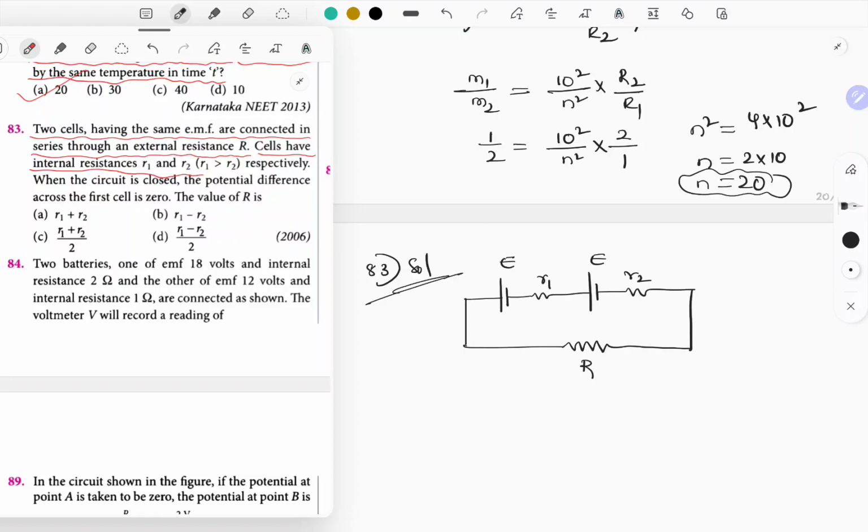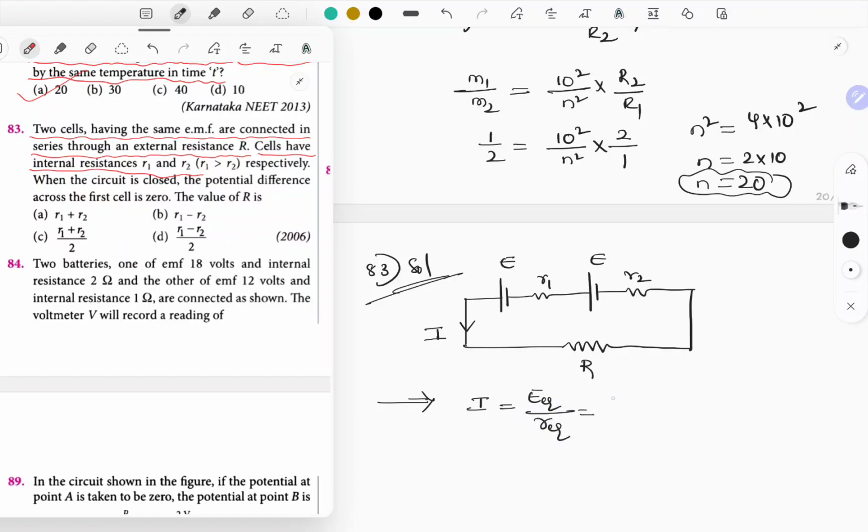When the circuit is closed, the potential difference across the first cell is 0. Okay, right now the circuit is closed. If the circuit is closed, try to find out the current flowing through the circuit. Let me calculate. This is I. Sorry, it's not from the load resistor, it is from the batteries, that is I. As these two cells are connected in series, I is equal to E equivalent divided by R equivalent.